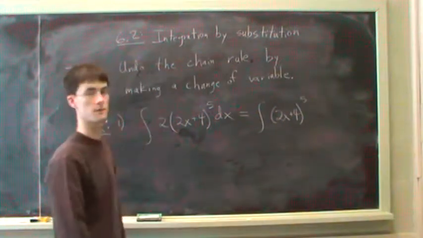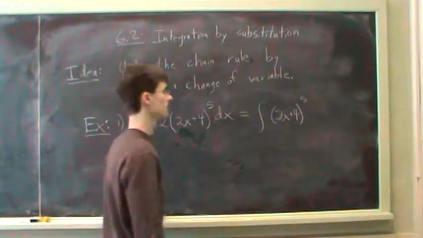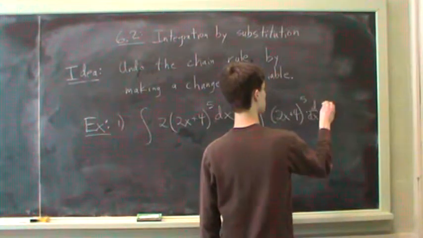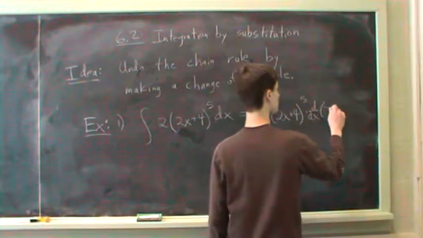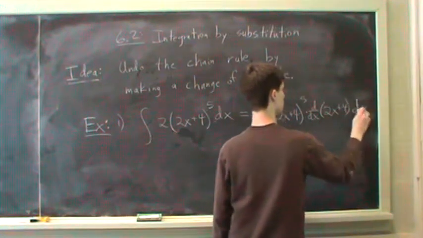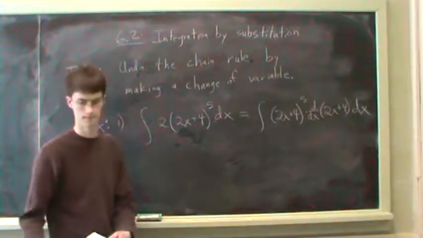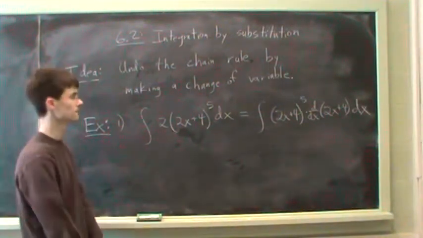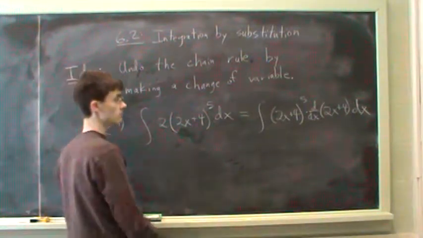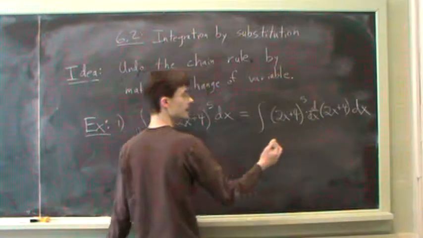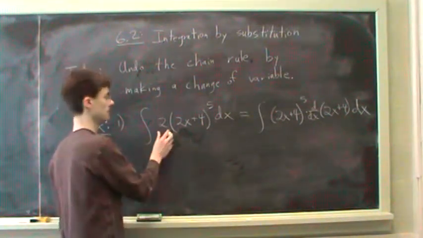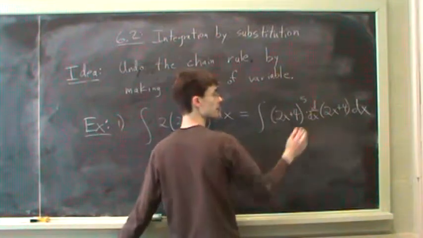We have 2x plus 4 raised to the 5th power times, I'm going to rewrite 2 in the following way. 2 is going to be the derivative of 2x plus 4. It's strange, maybe it makes no sense why I chose to do that, but in fact, the 2 is the same as the derivative of 2x plus 4.